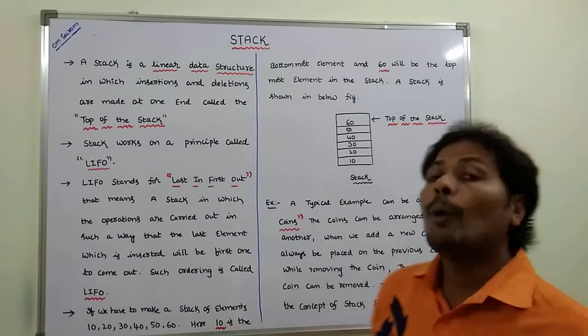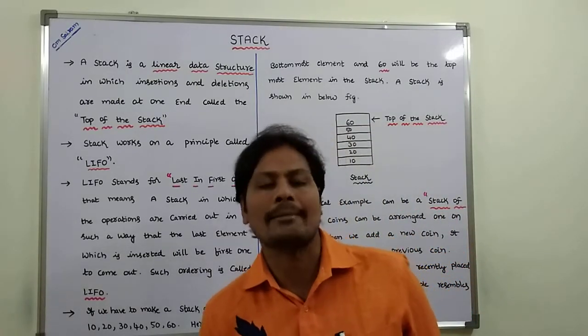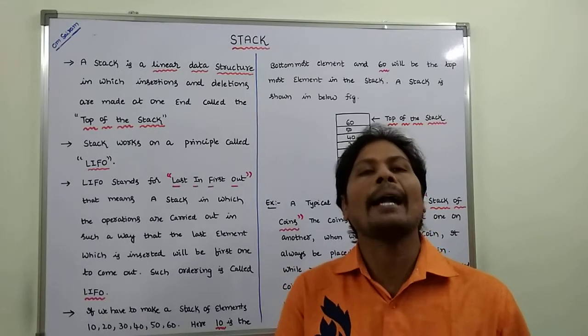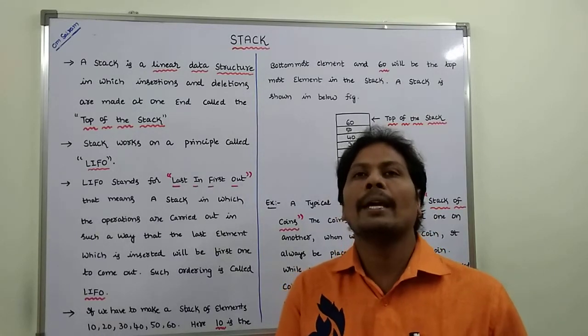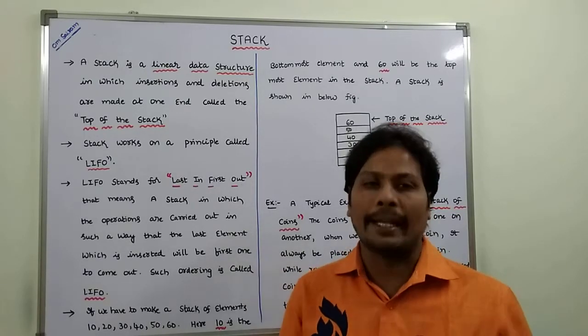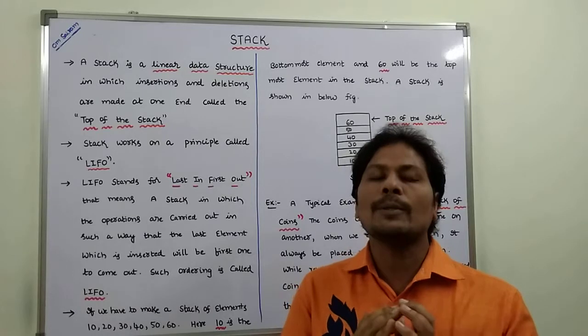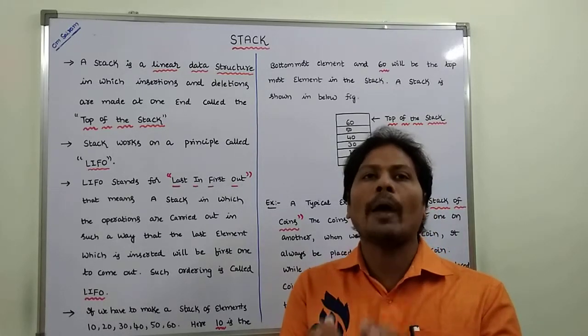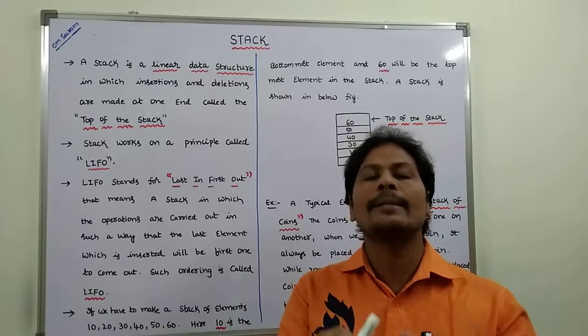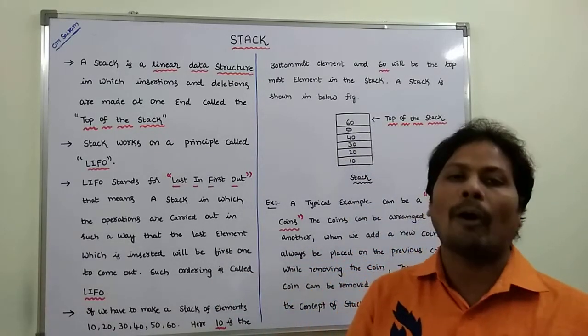Okay, next, what is the example for stack? The example for stack is a stack of coins. Okay, a coin is placed on one and another. Suppose we are adding a new coin into the stack. That coin is placed on the previous coin.